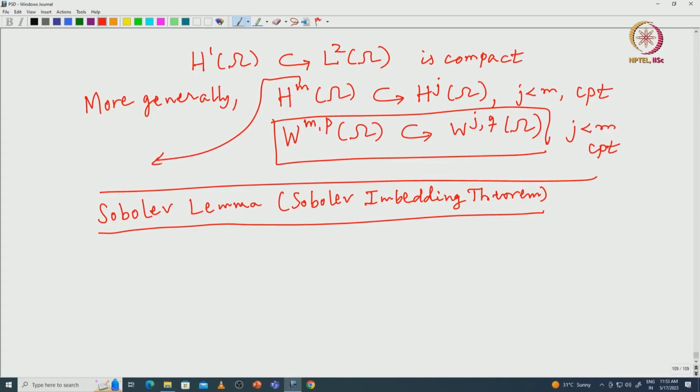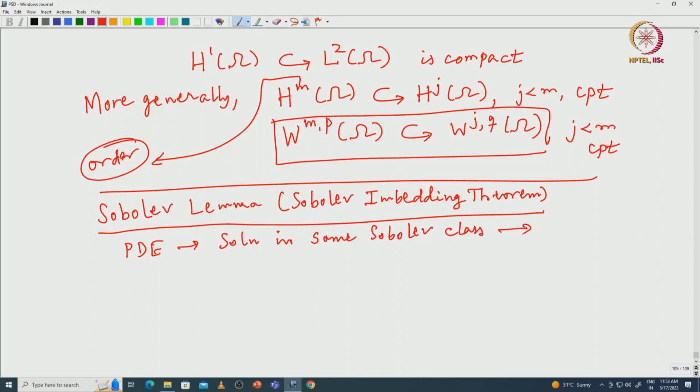The number of derivatives is called the order. Initially we may obtain a solution in a certain class, but if there is a chance to increase that, those are called regularity results. So, we obtain the PDE solution in some Sobolev class using the tools of functional analysis, and then next comes regularity.